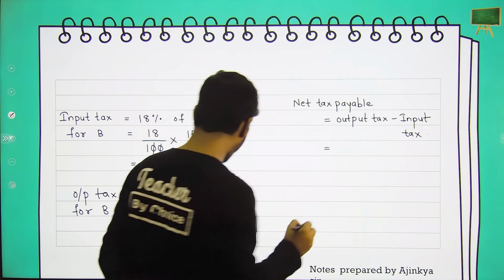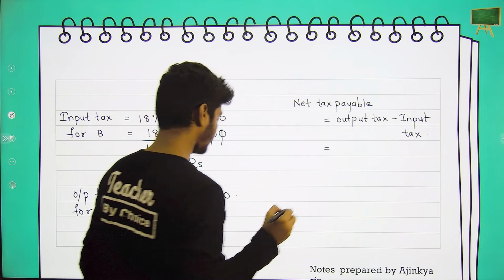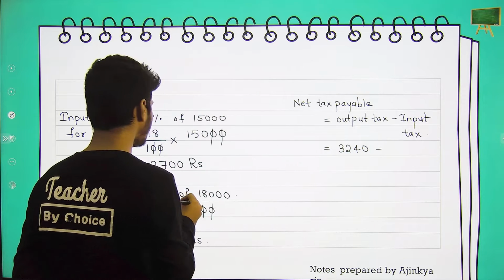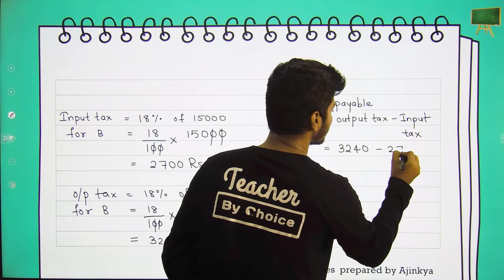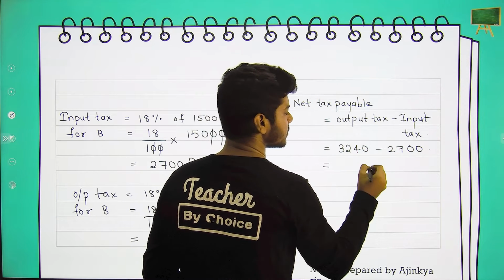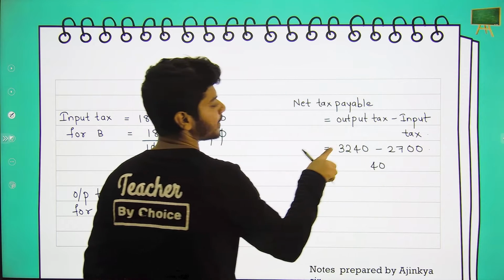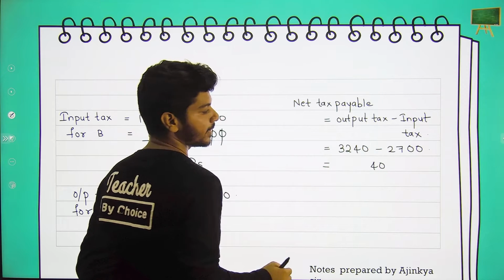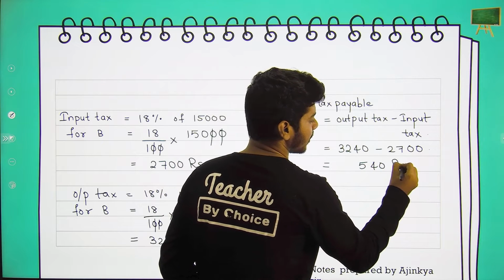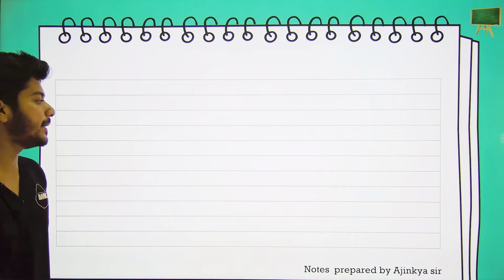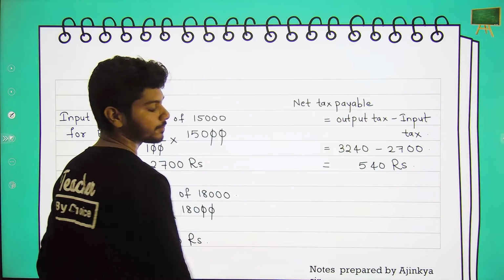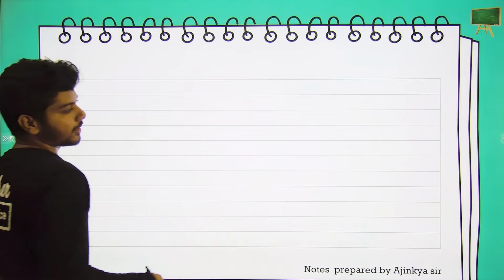The output is how much? 3240. 3240 minus input, which is 2700. Okay, so let's subtract them. This would be 3240 minus 2700, which is 540 rupees. All right. So can I say the net tax payable by B will be equal to 540 rupees? Agreed or not?